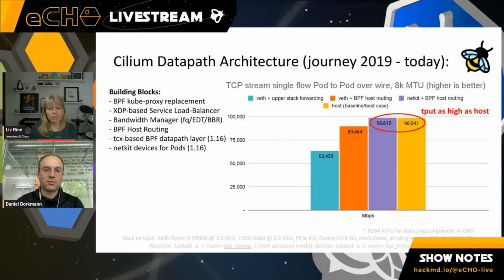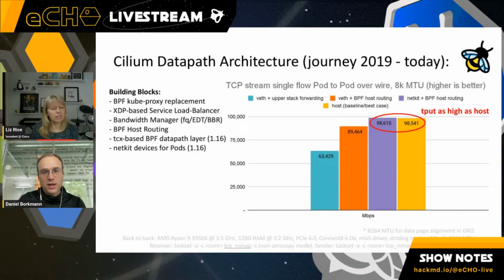So we did some tuning in the kernel, for example configuring preempt none and various other things. This is with an 8K MTU, so not 9K, tuned so that you get the most optimal GRO aggregation in the kernel, aggregating exactly on the page boundary.